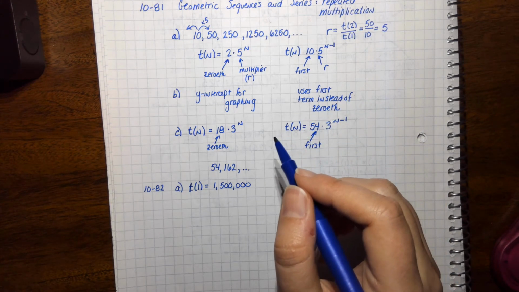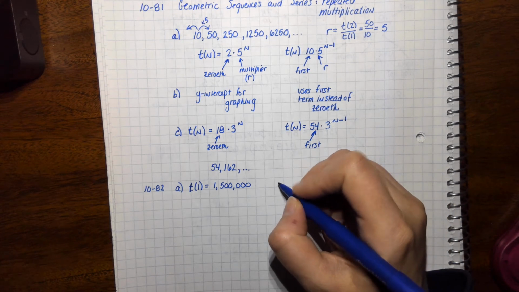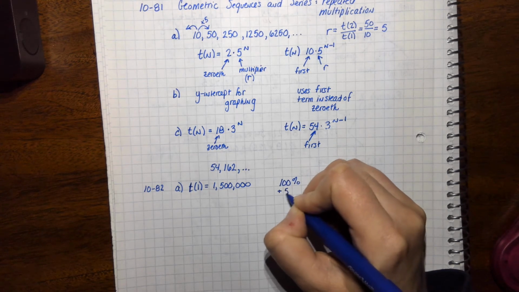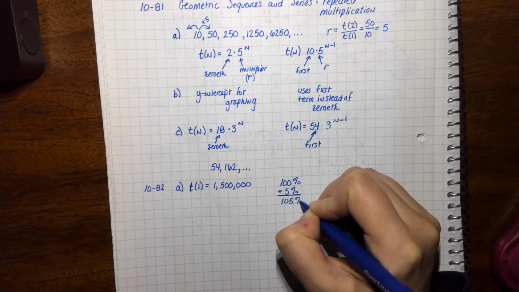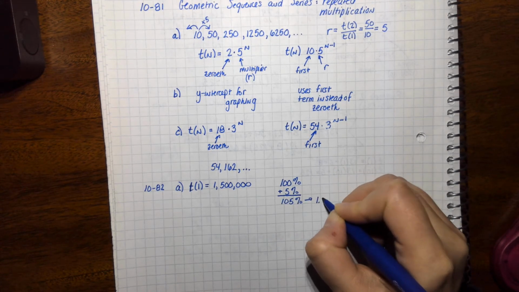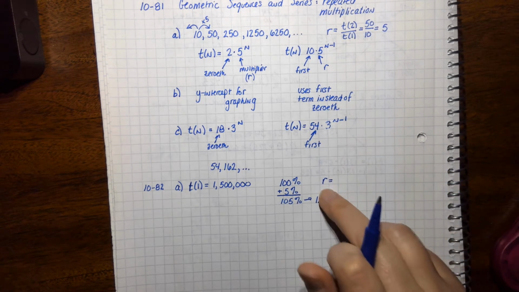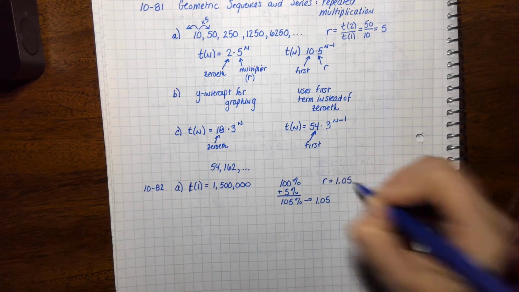It says to increase the amount they pay by 5% each year. So what you do is you go 100% plus 5% equals 105%, which converts to 1.05. So you have a multiplier, which we're going to call R in these problems, of 1.05.